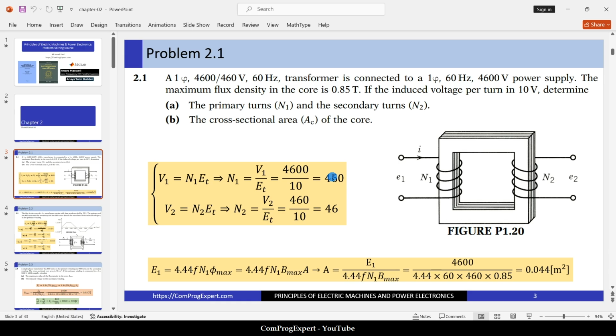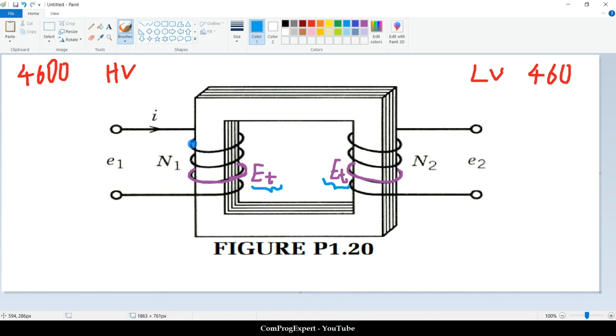If we repeat the same calculation here, V2 will be equal to this one, and finally we can calculate N2 that is equal to 46. Okay, so this is part A of the problem. The value of N1 is this one, and this is the value of N2.